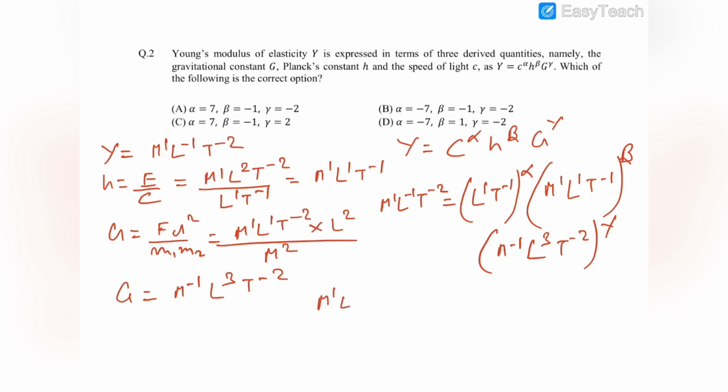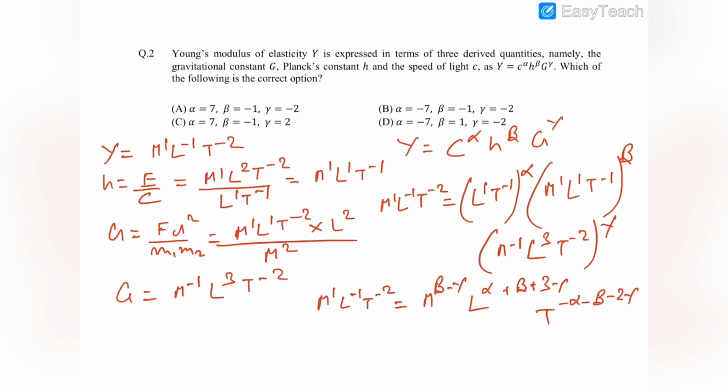Now M1 L minus 1 T minus 2 is equal to M to the power beta minus gamma, L to the power alpha plus 2 beta plus 3 gamma, and T to the power minus alpha minus beta minus 2 gamma.